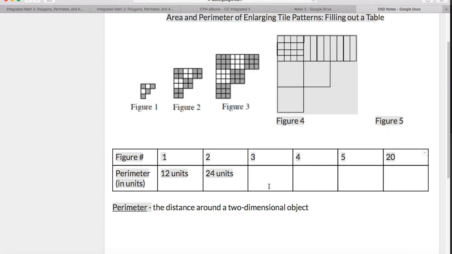I would like for you to think about if there's a shortcut, if there's an easy way of figuring out the perimeter of figure number 20 without drawing it. So spend some time, count the perimeter of figures 1 through 5, and see if you can figure out the perimeter of figure number 20 without drawing it. And once you're finished with that, you can keep the video playing for the next part.